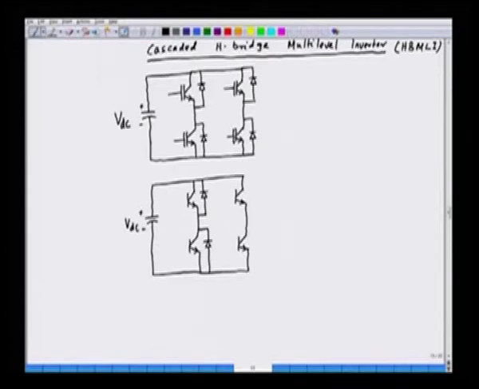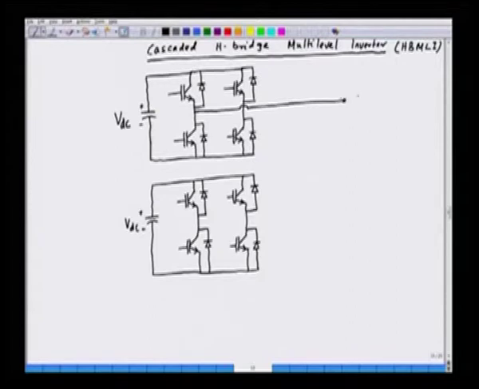So, this is the second H-bridge inverter, with these IGBT switches, and this is the output.